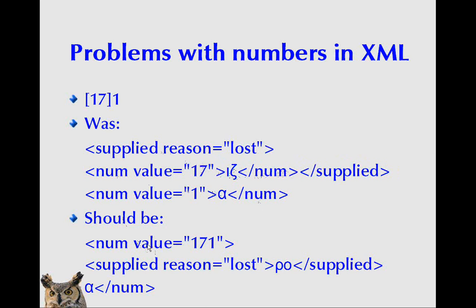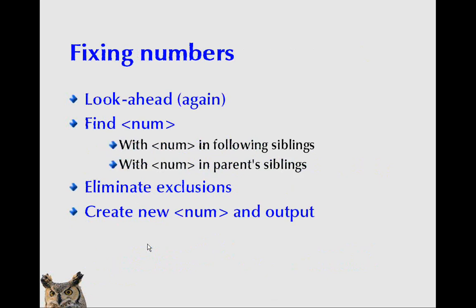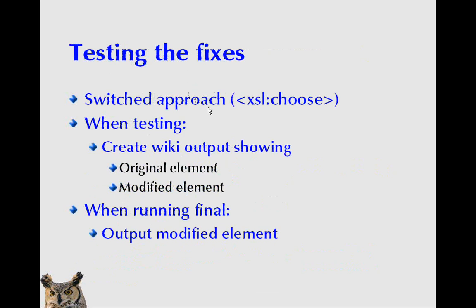We did it mostly by look-aheads, but the reason I want to talk about this is more the method David Kelly and I discovered for testing the fixes. In our XSL transforms, we put a choose statement into the transforms.